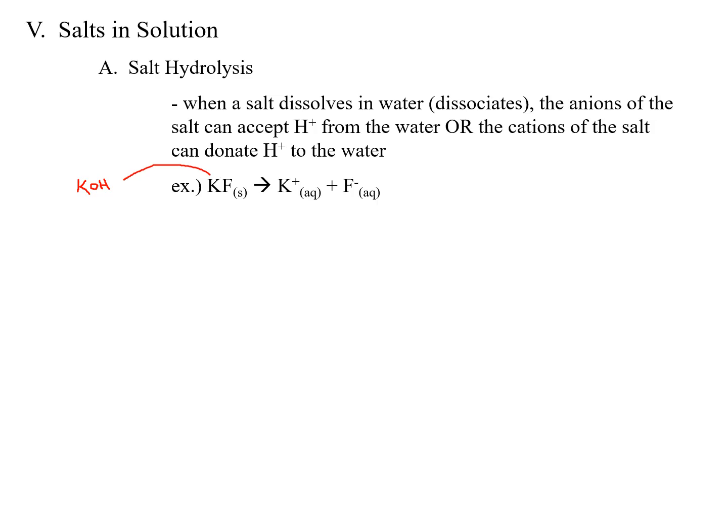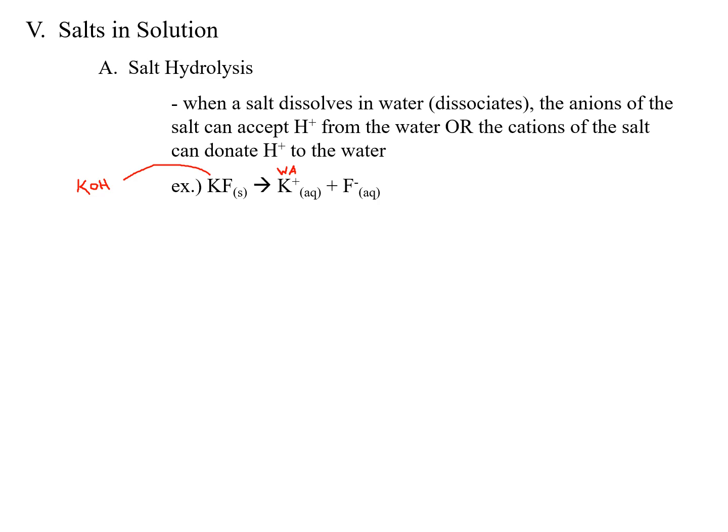If KOH is a strong base, then its conjugate acid is a weak acid. In fact, it would be really, really weak. Therefore, it's not going to do anything in this reaction. It's not going to affect the pH at all.